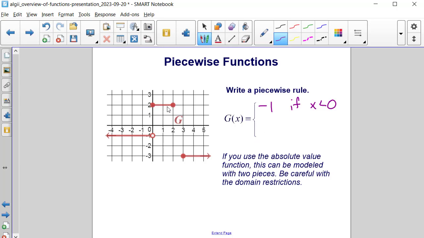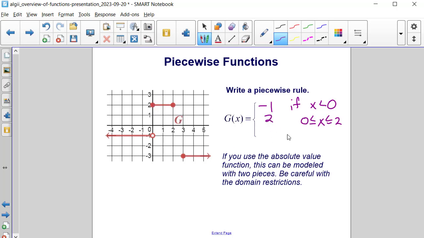Now our second piece is from 0 to 2, and both endpoints are closed. So we have the equal to sign showing in the inequalities. And within this section of our domain, the function value is 2.